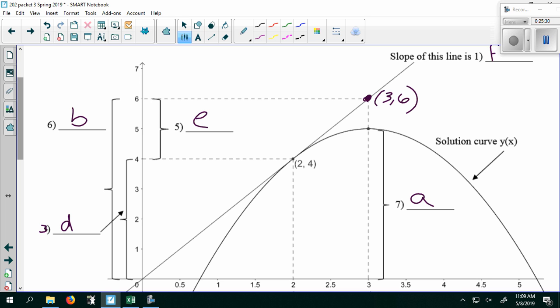Okay, so 4, 6 is about here. And 5, 4 is about here. So these are the points that Euler's method found. So 2, 4 was the given, the initial condition. That is definitely a point on the solution curve.